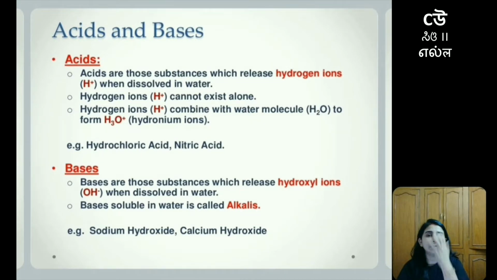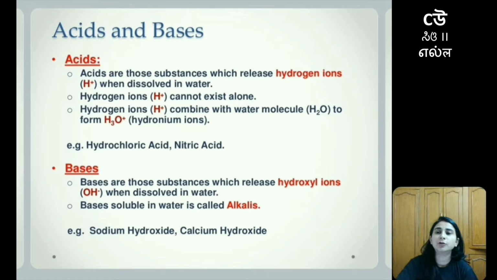Here when substances will get dissolved in water, they will release hydroxyl ion, that is OH with a negative sign. So we say that bases that are soluble in water are called alkalis. Example could be sodium hydroxide and calcium hydroxide.